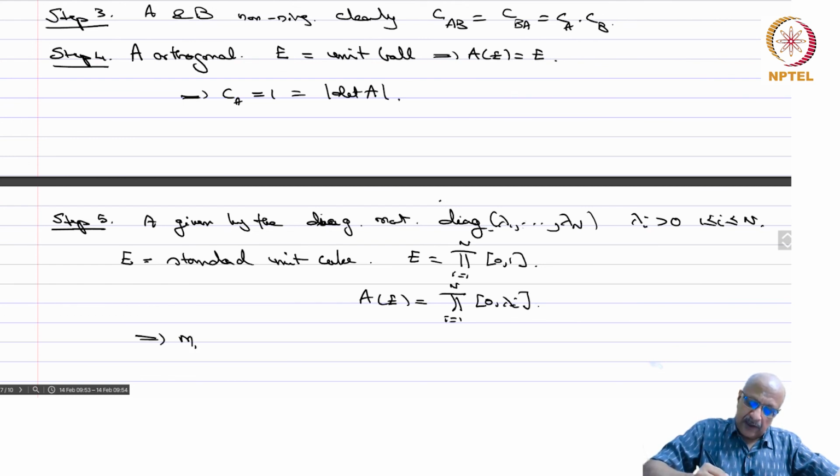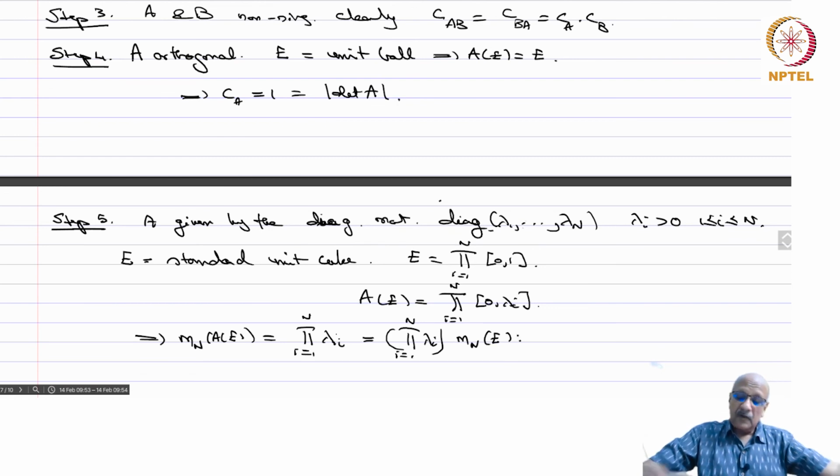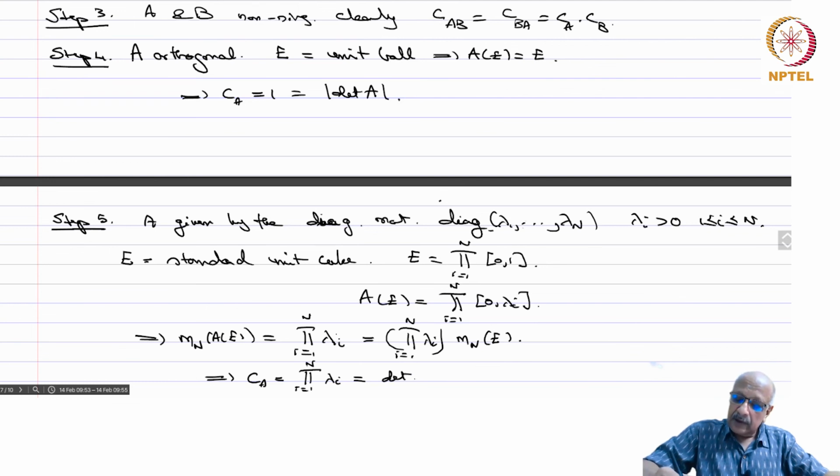That means Mn of AE equals the product i equals 1 to n of lambda i times Mn of the cube. So this is a constant for this particular set, so it has to be for every other set, and therefore CA is equal to the product i equals 1 to n of lambda i, which is nothing but the determinant of A.